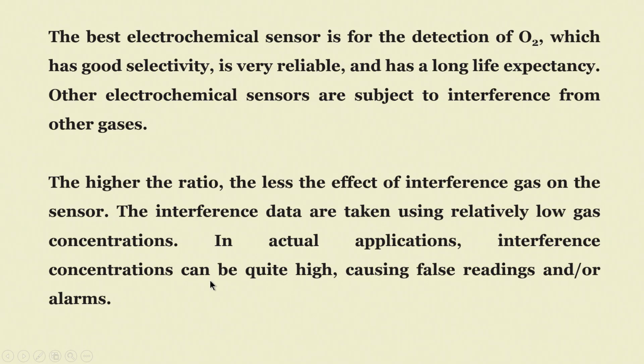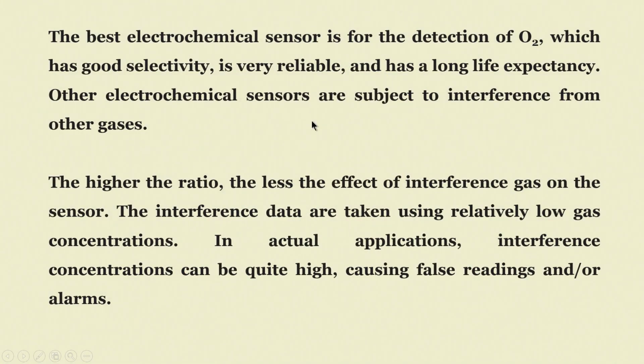So, the best electrochemical sensor is for the detection of oxygen, which has good selectivity, is very reliable and has a long life expectancy. Oxygen detection, I have been telling you that most of our FSSAI, we want them to be 15 ppmv, parts per million by volume, and other electrochemical sensors are also subject to interference from other gases.